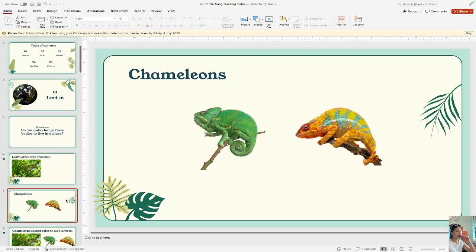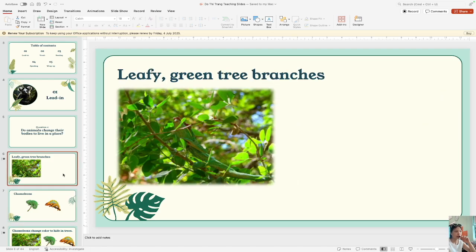And here I have two pictures of two chameleons. One has green skin, and the other might be yellow and orange. And they have to decide which one will live in this place.